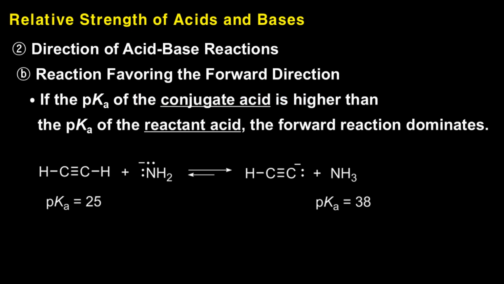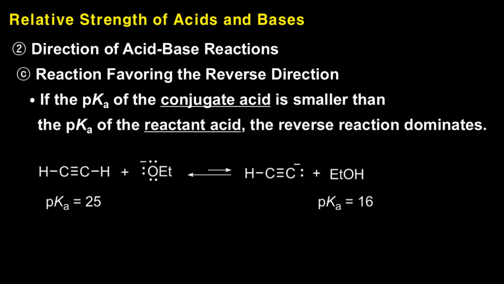If the pKa of the conjugate acid is significantly higher than that of the reactant acid, the forward reaction is favored. For example, acetylene, C2H2, has a pKa around 25, and its conjugate base, NH2-, has a conjugate acid, NH3, with a pKa around 38. Since NH3 is the weaker acid, the forward reaction is favored.